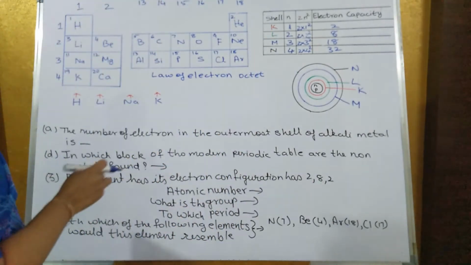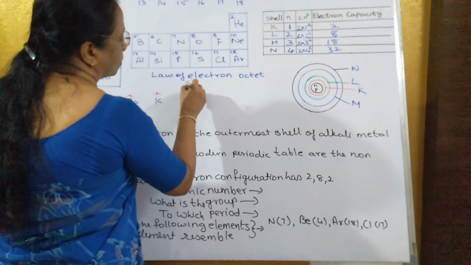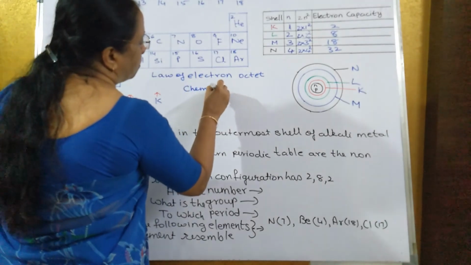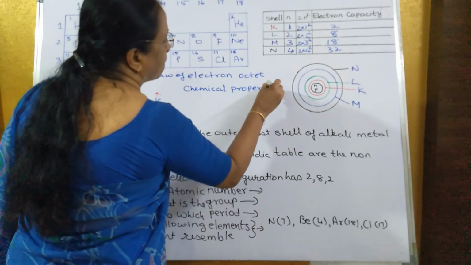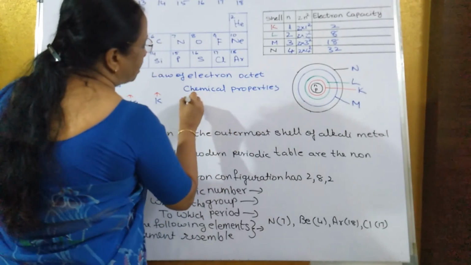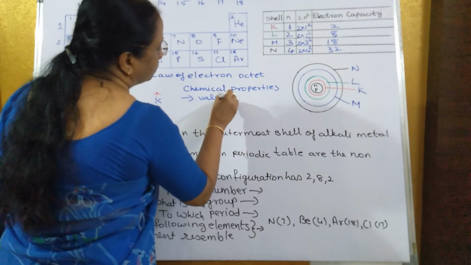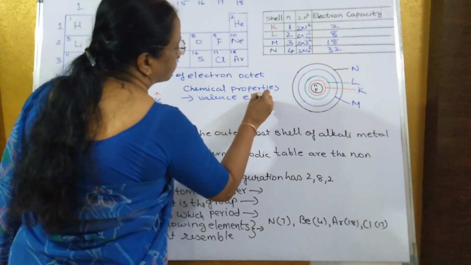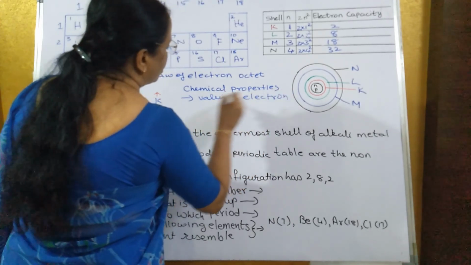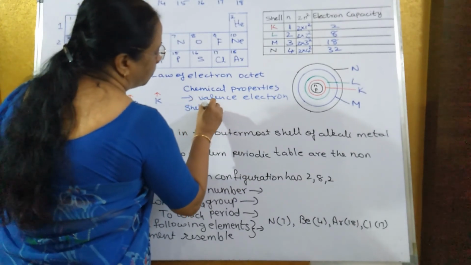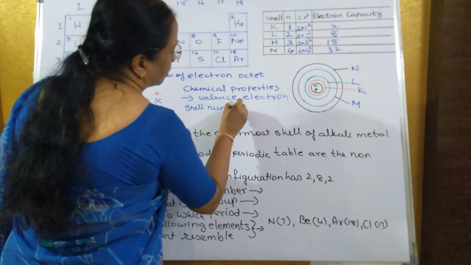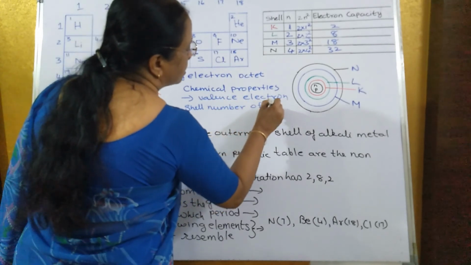Now the chemical properties. The chemical properties of these elements depend upon the valence electron and also depend upon the shell number of the valence shell.